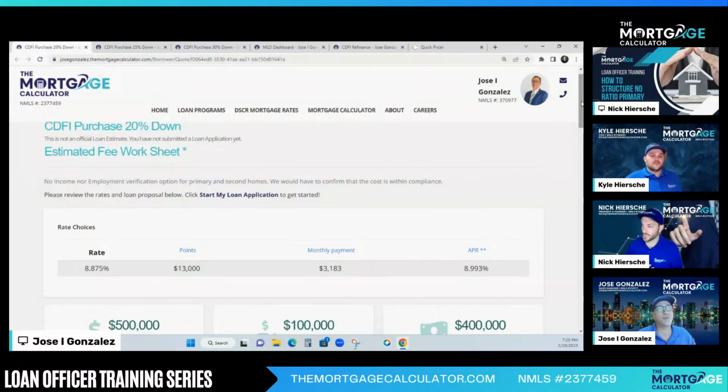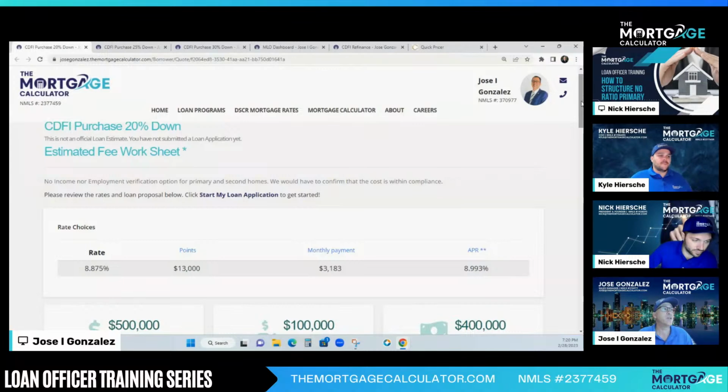So again, remember, this is no income verification of the borrower required, no employment verification of the borrower required, right? So keep that in mind, 80% LTV max. So it is not an inexpensive program by any means, but if this is the only option that anybody has to get the home, then it's certainly not expensive, right?